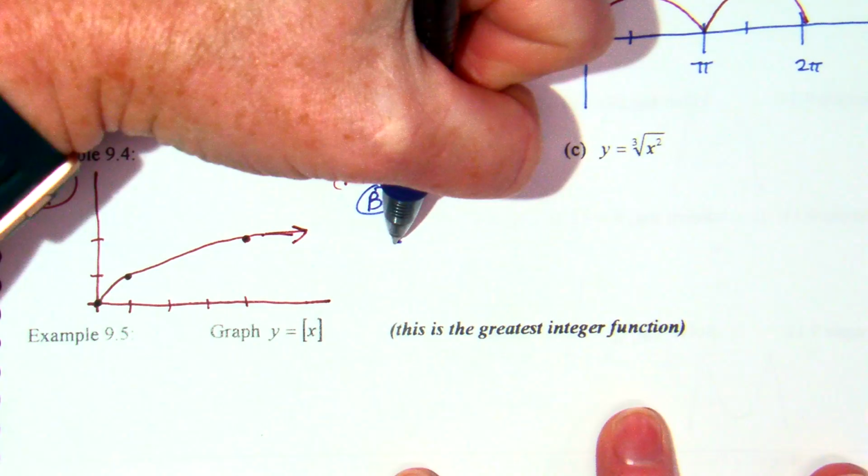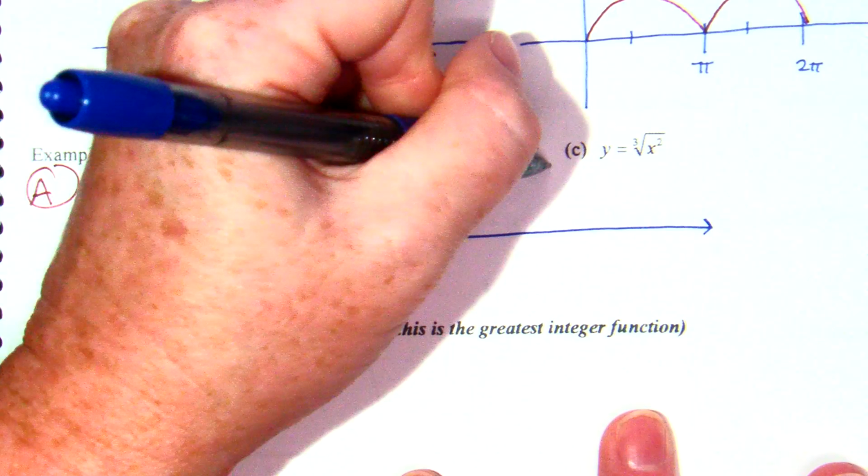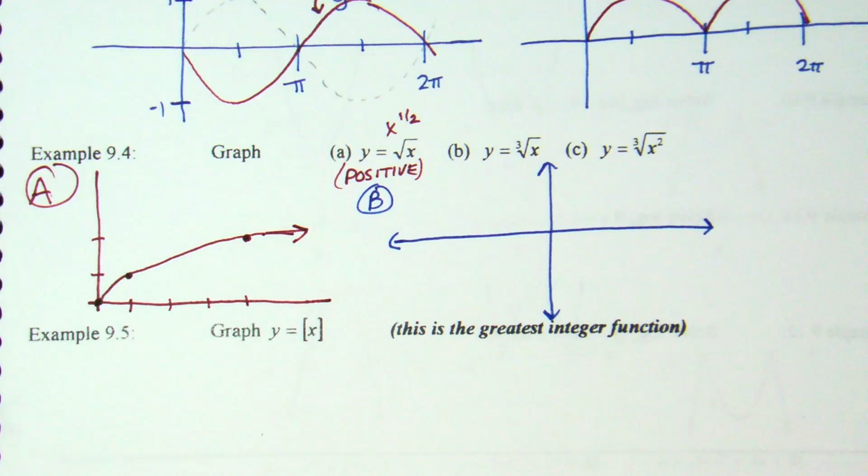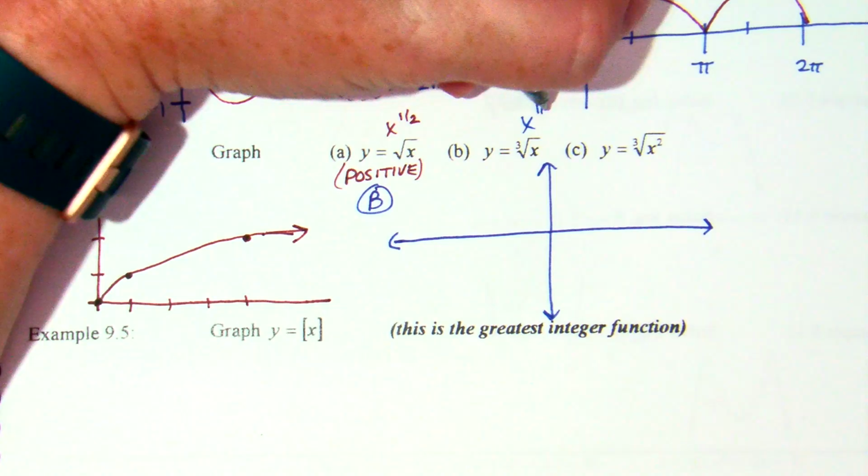Do you remember the cube root graph? First of all, if I write it with a power, this is going to be x to the 1/3. There's a reason I'm talking about powers.